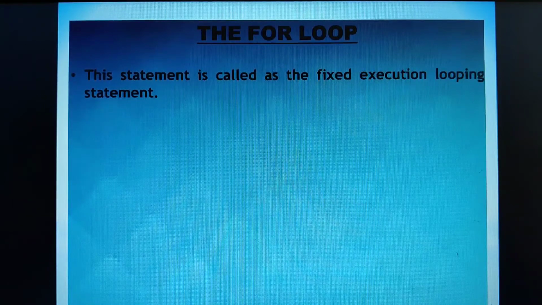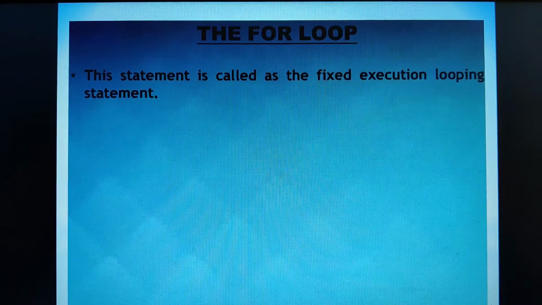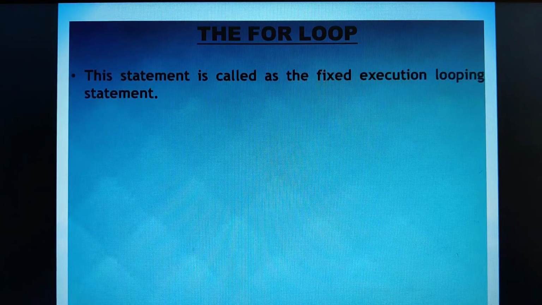Same way, the for loop is referred to as a fixed execution looping structure. Why do we refer to it as fixed execution? Because when we use the for loop, we know in advance how many times a set of statements should be repeatedly executed. So if we know in advance how many times the loop has to be iterated, then the for loop will be the best suited looping structure.